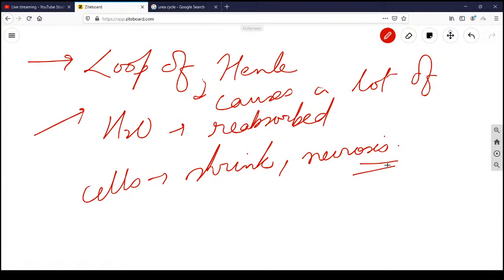Okay, that will be the correct answer. So coming to question number 34, this is okay. So it will shrink and die.